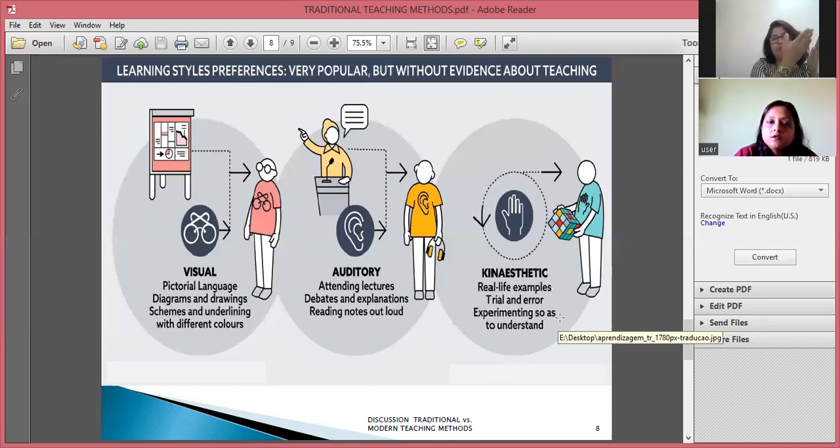So that is visual, auditory, and kinesthetic. Kinesthetic is more that they would actually feel it. They would touch it and feel it.